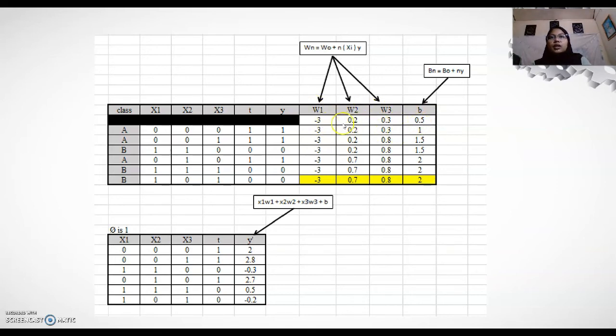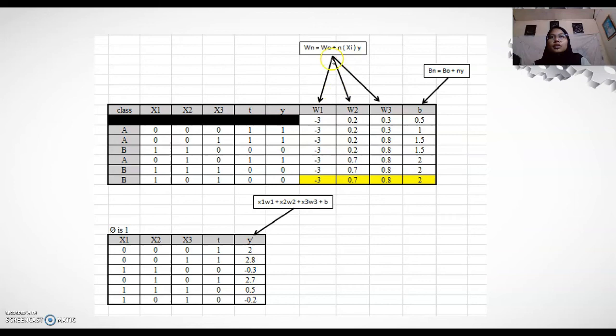Then we have to calculate the values of this row using these two formulas. For the value of W, we use W old plus NXY.